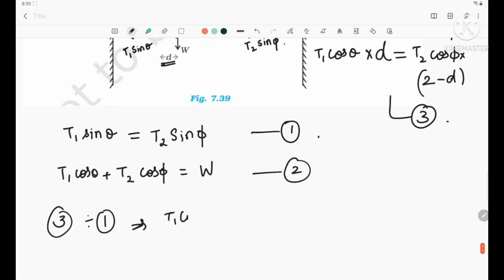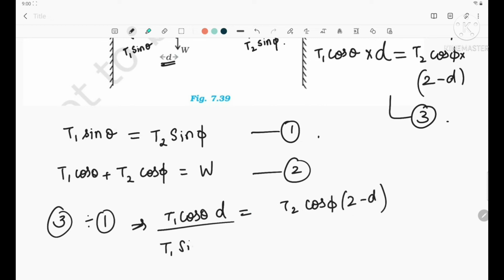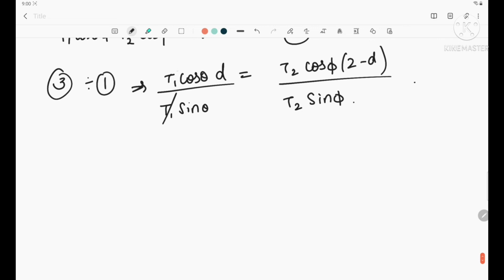We have T1 cos theta into d is equal to T2 cos phi into 2 minus d, divided by T1 sin theta on this side, and T2 sin phi here. Just cancel T1 and T2. So we have d cot theta is equal to 2 minus d into cot phi.